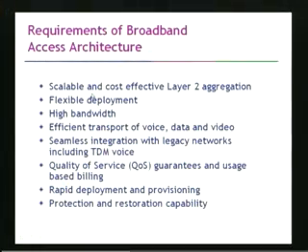The requirements of the broadband access architecture are that it needs to be scalable and should achieve cost effective layer 2 aggregation. Why do we say layer 2 aggregation? Because subscribers may want to connect many of their corporate offices through a broadband access infrastructure provided by the service provider.